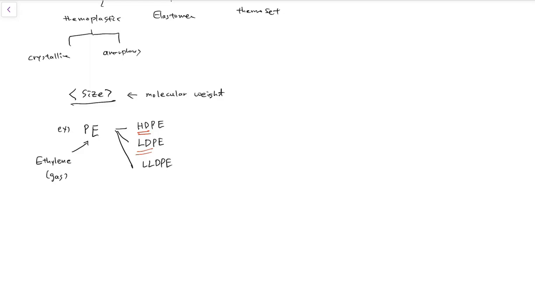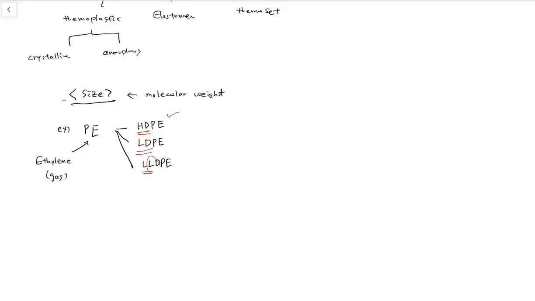And another type of polyethylene is LLDPE, which is linear low density polyethylene. Linear polyethylene results in high density polyethylene, but if it has some branches, even linear polyethylene can have relatively low density, which gives different physical properties.